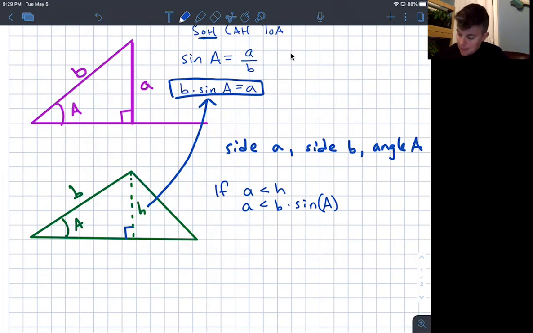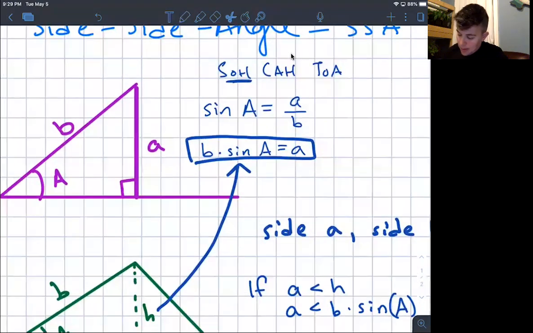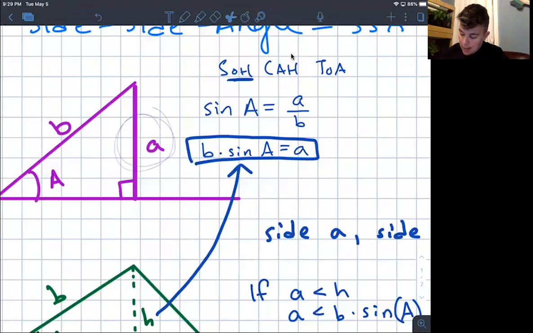is that in this situation, let's go back up here. What that means, if side A right here is less than the height, is that I don't have enough length to get down to the bottom of the triangle. Not only that, but there's no angle that would work up here that could get me down to a triangle, right?